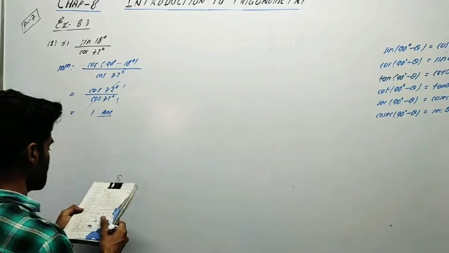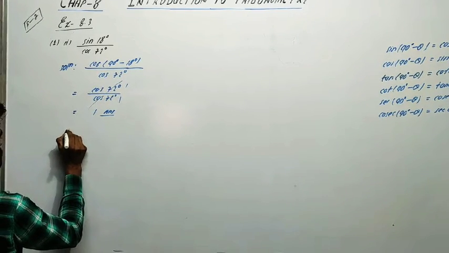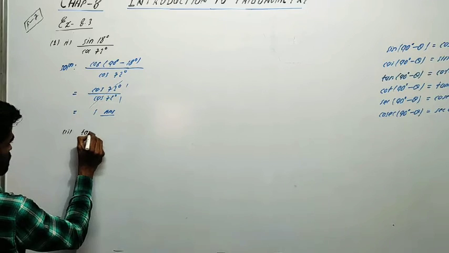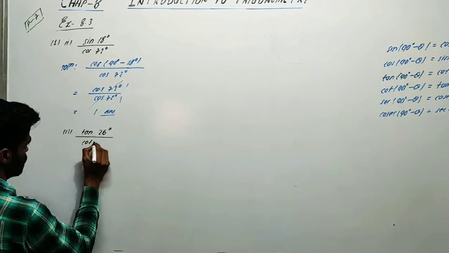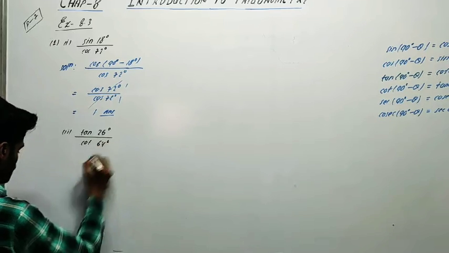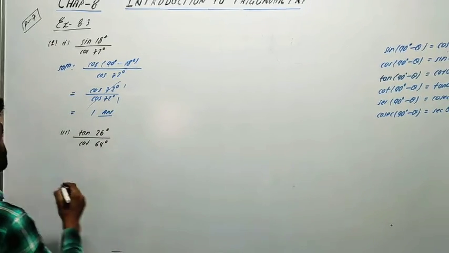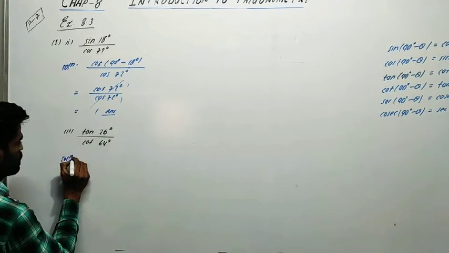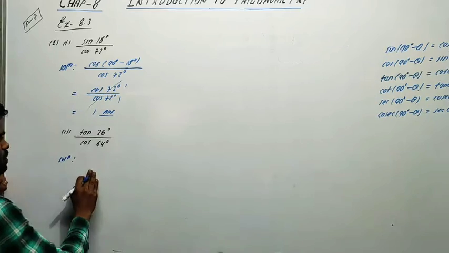Question number 2, tan 26 degree upon cot 64 degree. We will do the same. We will convert the numerator or the denominator in the form of tan or in the form of cot.